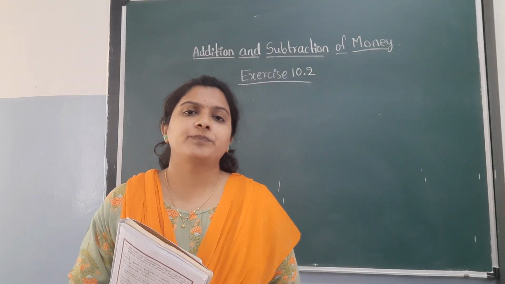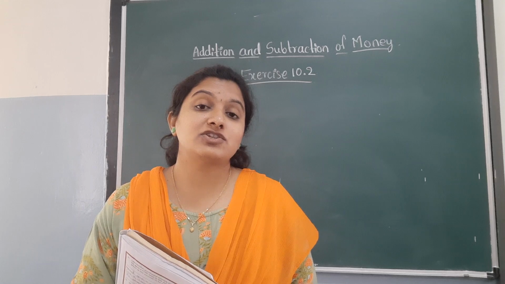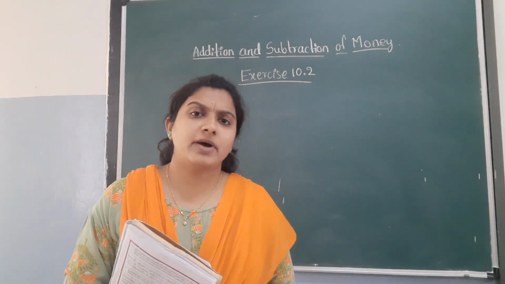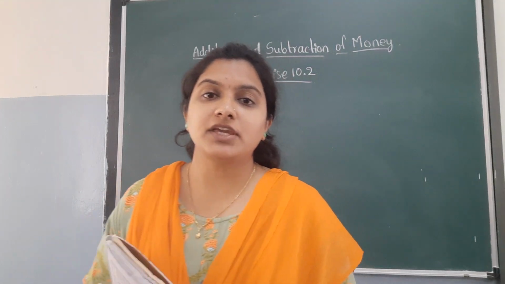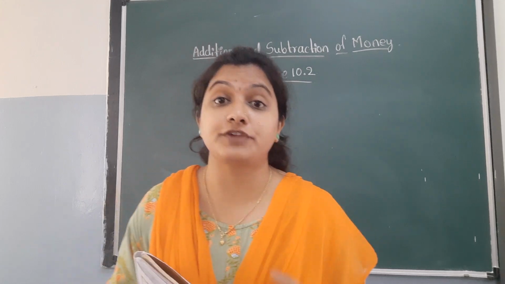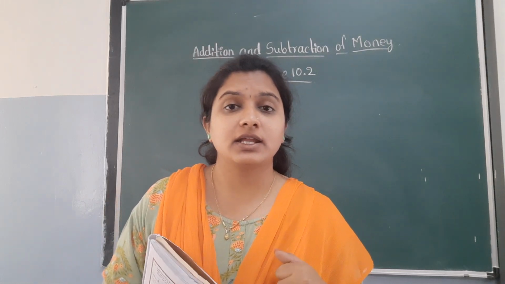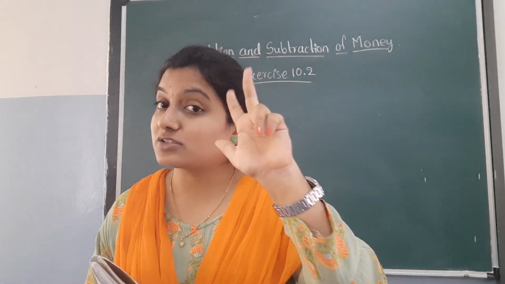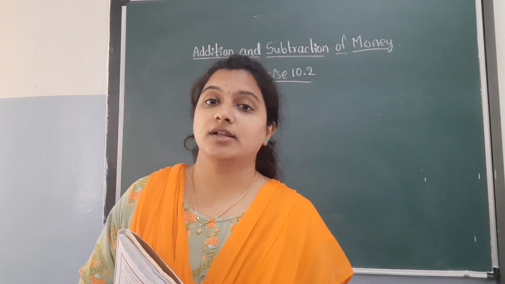The cost of the balloon is 50 rupees. But your mother is having only 20 rupees with her. How much more amount do you need to buy that balloon? 50 rupees cost. You have only 20 rupees. How much more do you need? 30 rupees. Isn't it?